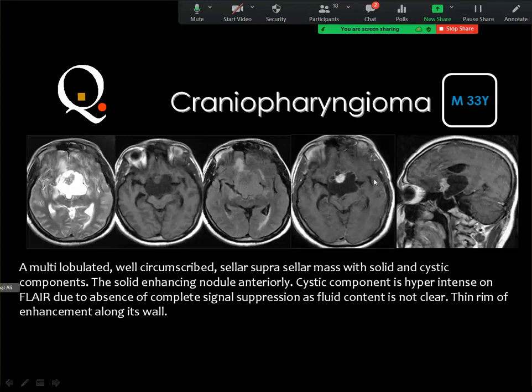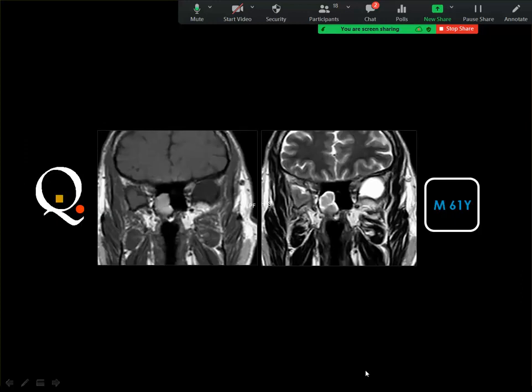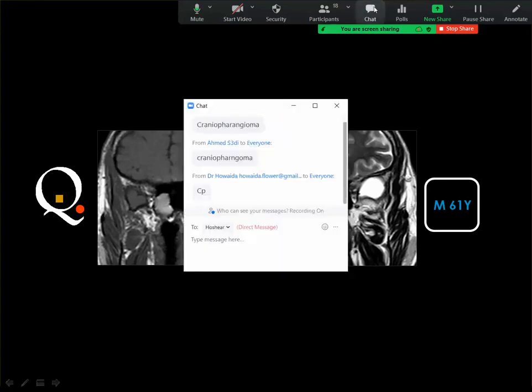Then you may see a cyst with mural calcification, like in the CT scan. This is good, or a cyst with a solid component, and this in MRI is also helpful for the diagnosis. The next case is for this sphenoid sinus lesion.